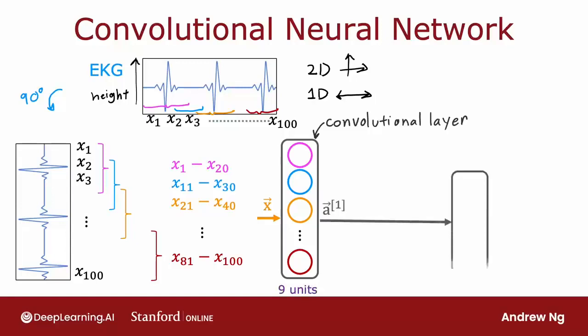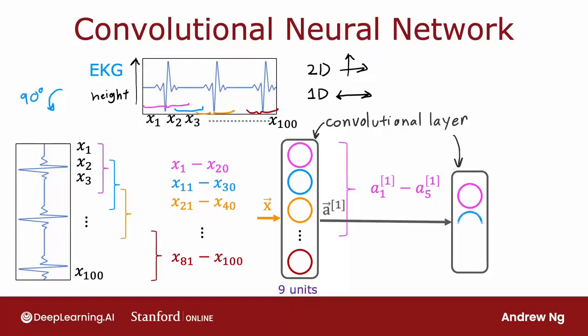The next layer can also be a convolutional layer. So in the second hidden layer, let me architect my first unit not to look at all 9 activations from the previous layer, but to look at, say, just the first 5 activations from the previous layer.